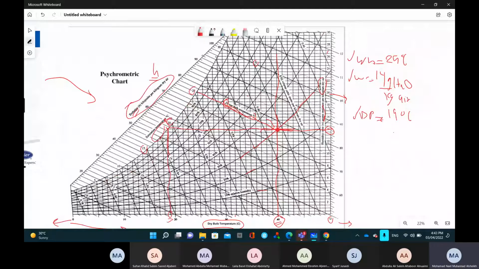To do so, we can see that these lines, this one, this and this one, the thick black lines, represent the enthalpy.